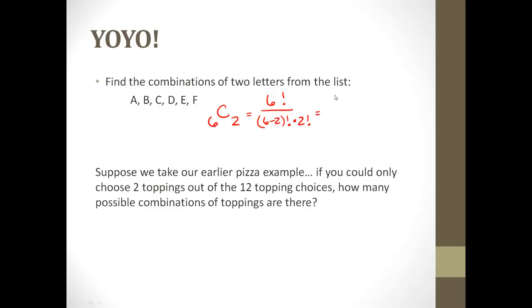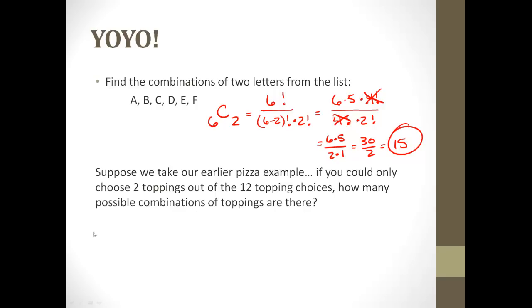So that would give us 6 times 5, and we have to figure out where to stop. So 6 minus 2, that's a permutation of 4. So we're going to stop right here, because now we can cross that off and that off, which will leave us with 6 times 5 over 2 times 1, which is 30 over 2, which is 15, which would be 15 combinations of 2 letters.